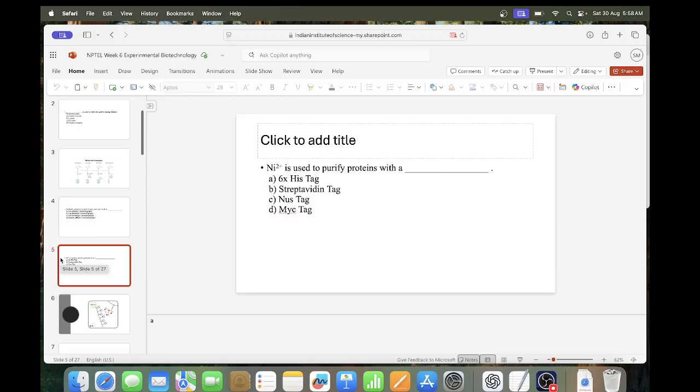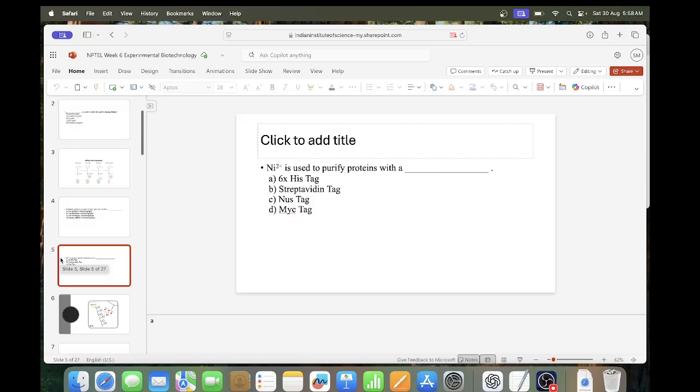So what people do is they either add a streptavidin tag and then have a bead with biotin and then elute it.